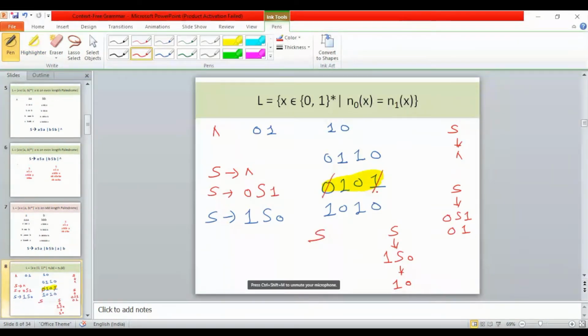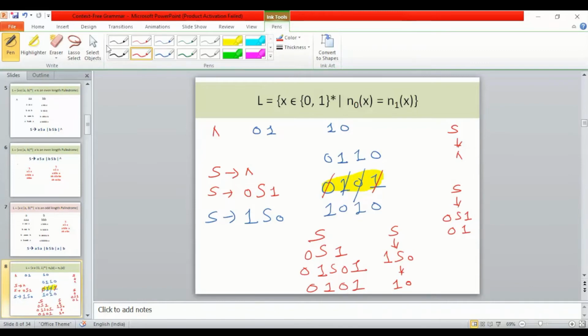We want to generate an equal number of 0s and 1s. So I will match first with last, 01, because we have rules like that. So I will write 0S1. Now to get 10, I will replace this S with 01S01, and finally I will put null to terminate the process. So we have 0101. So we are able to generate the string.